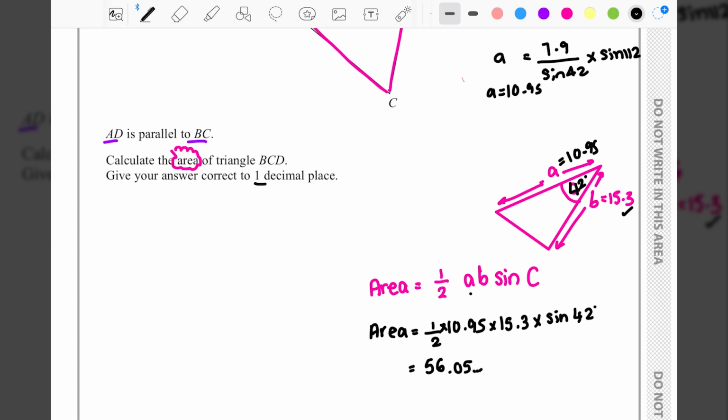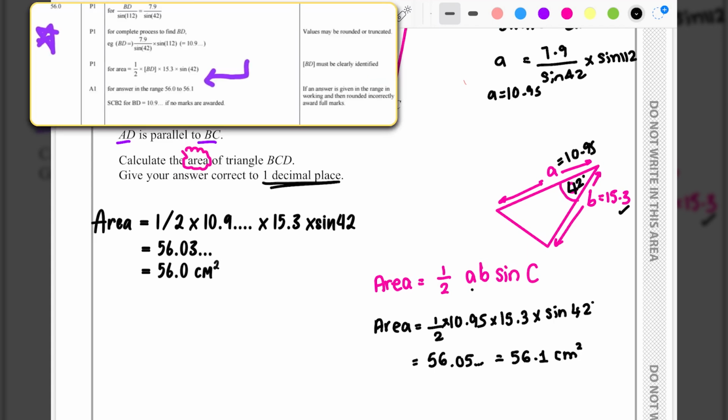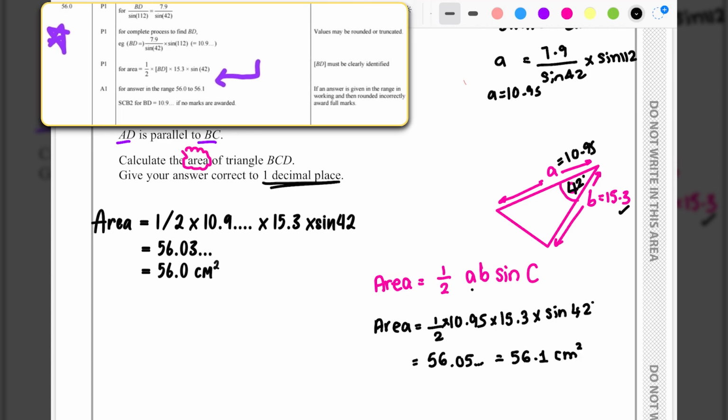Now, the question says round it to 1 decimal place. So that is equal to 56.1 centimeters squared. If you were more accurate and you did 7.9 divided by sine 42 and then multiplied by sine 112, you get 10.94, and so on.